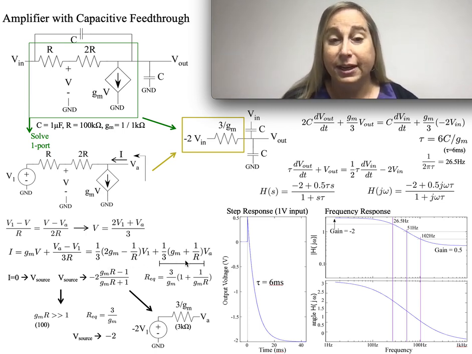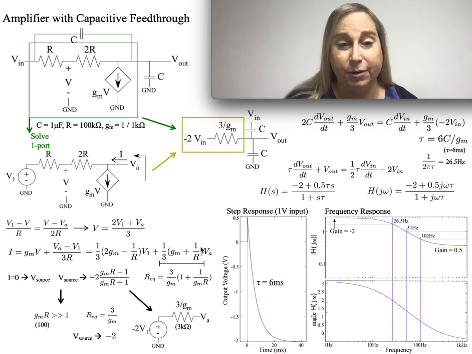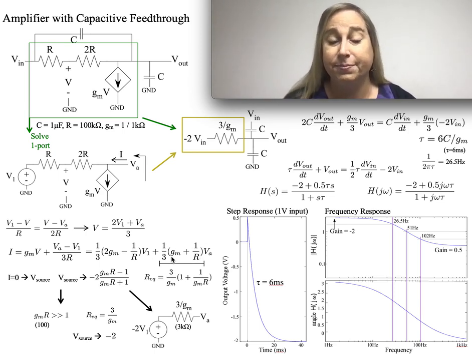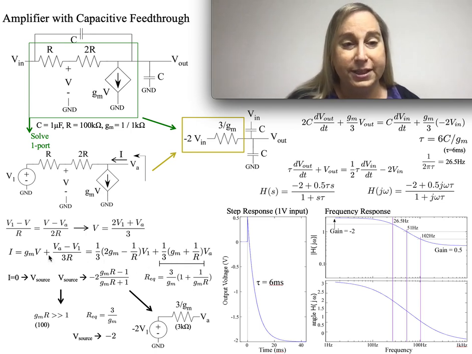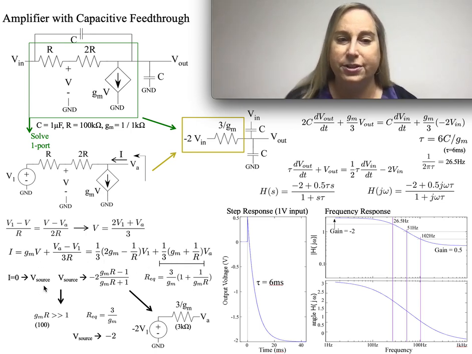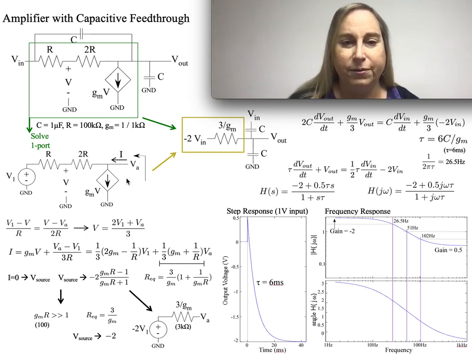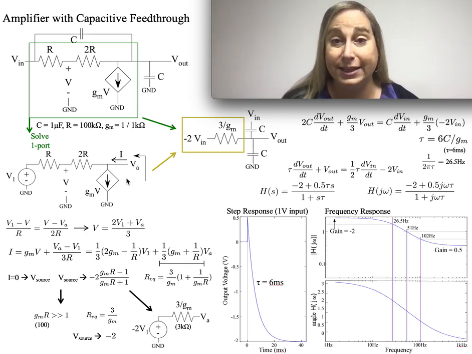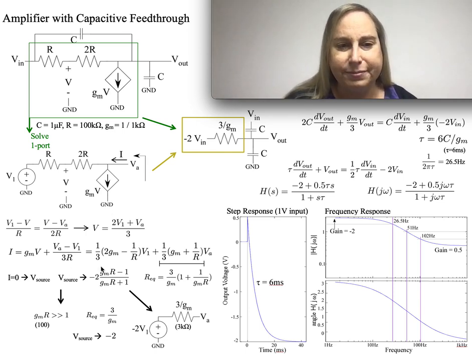2 points. Now the nice thing is that you can see very quickly what that equivalent resistance is for that Thevenin equivalent. You can also realize that by setting this equal to 0, you can solve for what the source would be at VA. That's really cool, because now I can solve for that.